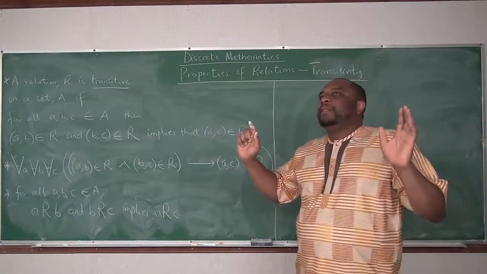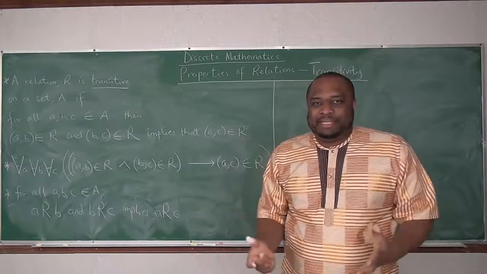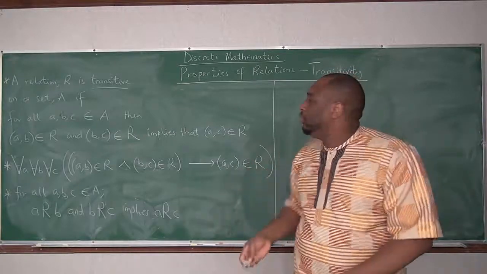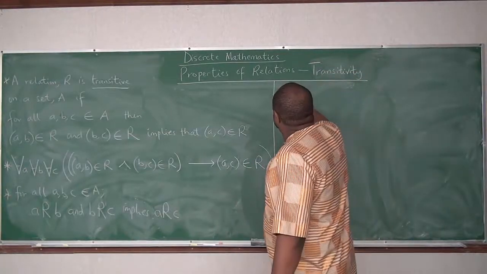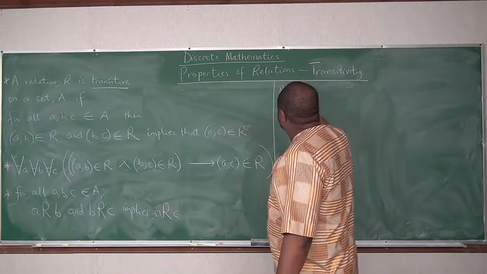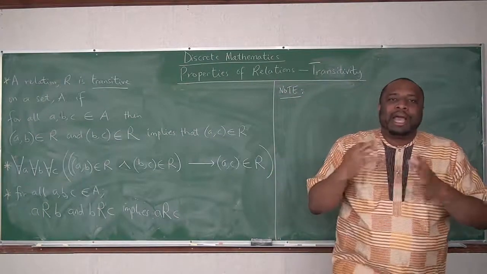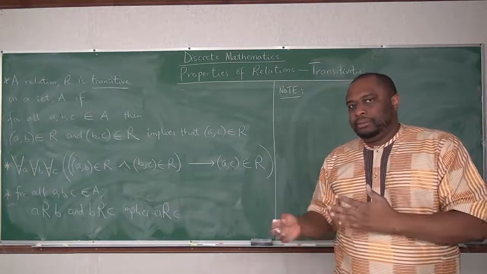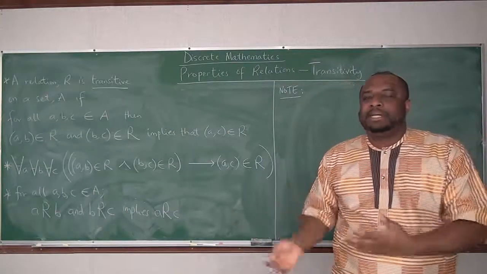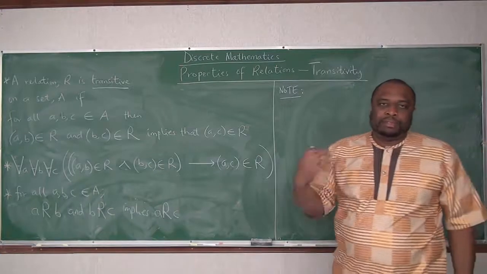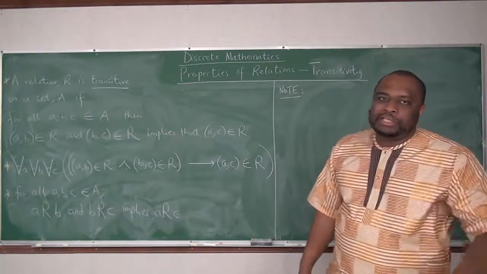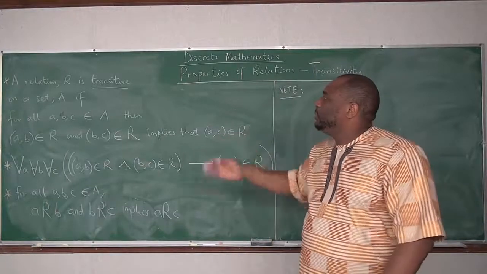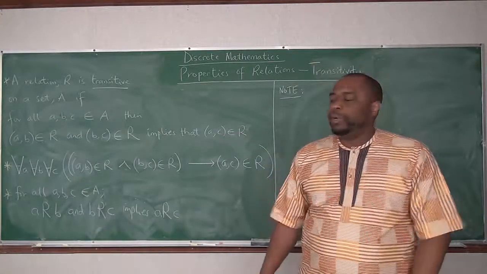Another way is this. What if you do not have all of A, B, C? We shall look at examples so it will make sense to you. Just like we treated reflexivity and symmetry, we are going to treat transitivity the same way.